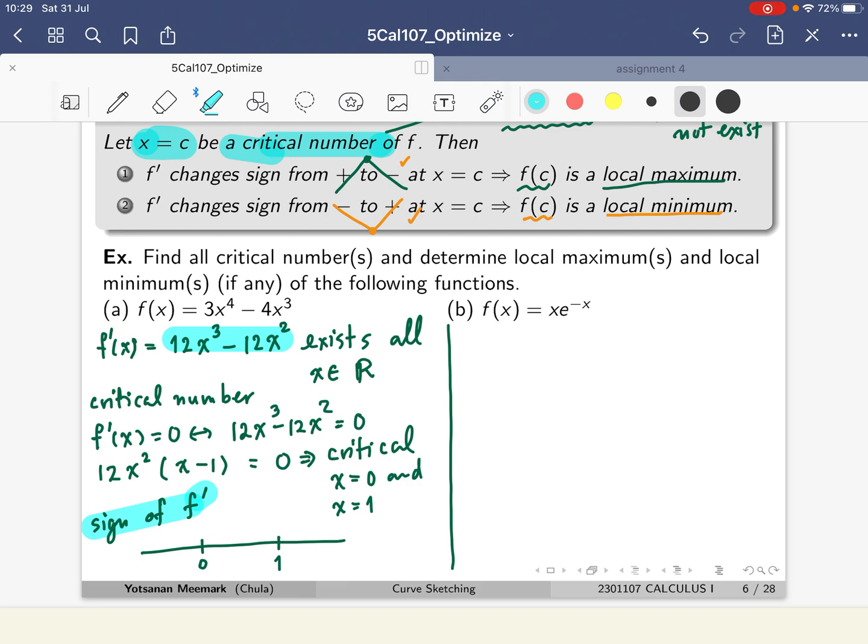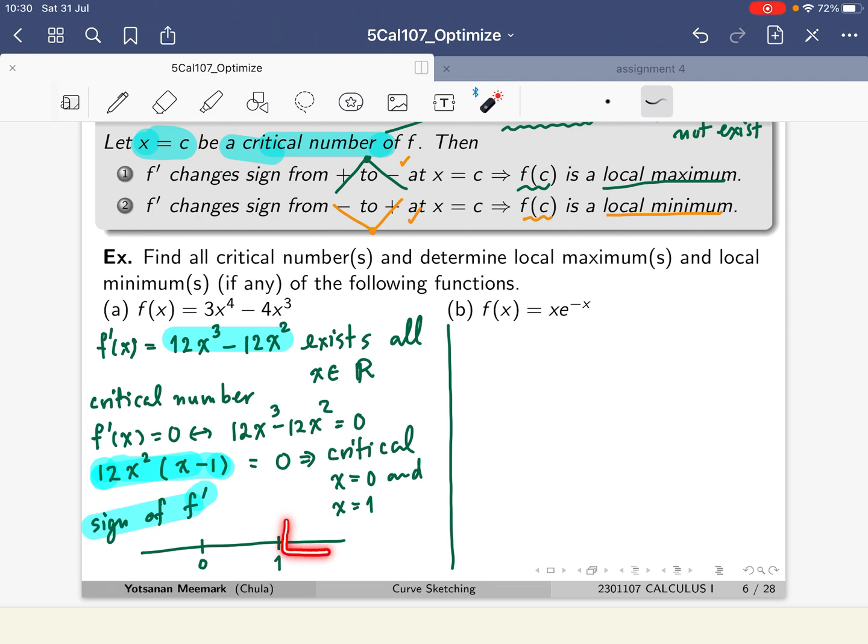Usually we are going to look at your f prime as the factors like this to see the sign. That will be a little bit easier. Then what you are going to do is plug in some number in the interval that is not your critical number. For example, this 1 and 0 are your critical numbers, right?